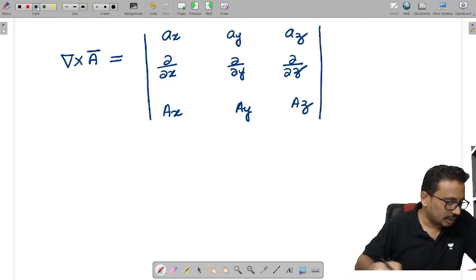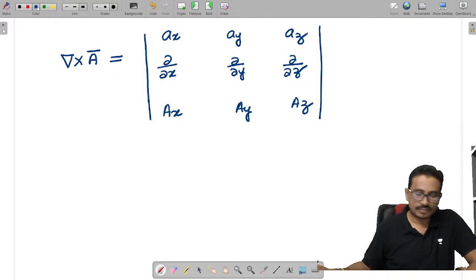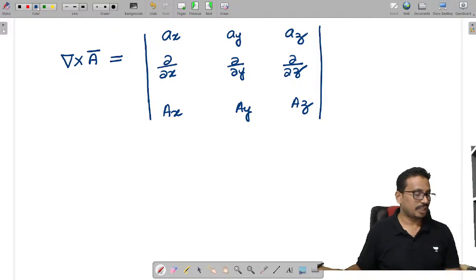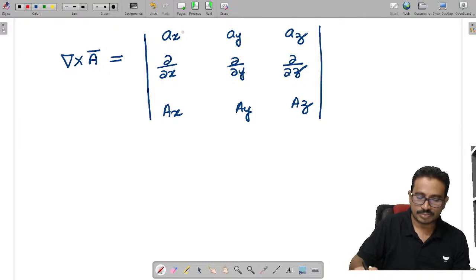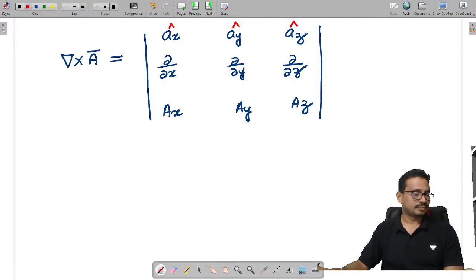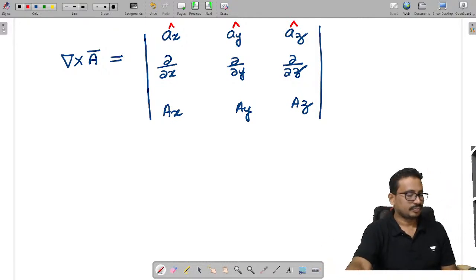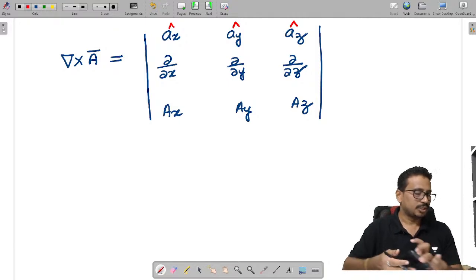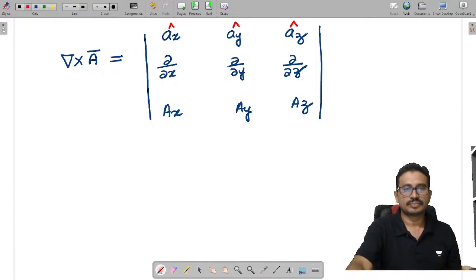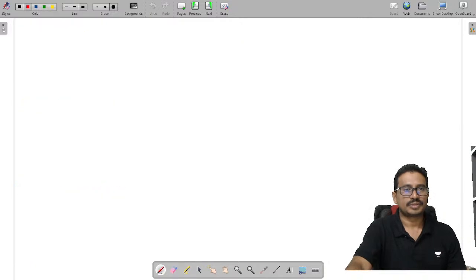This is the curl of a vector. I hope all of you know how to expand the determinant. Is it fine?